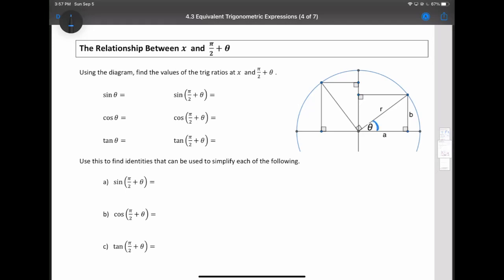Sine of theta is equal to opposite over hypotenuse, or B over R. Cos of theta is equal to A over R, and tan of theta is equal to B over A. Okay, going up to here, pi over 2 plus theta, I'm going to focus on this triangle.